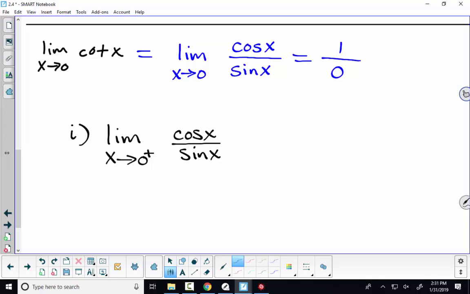So as we approach 0, cosine approaches 1. As we approach 0 from the right, sine approaches 0, but through what values? Positive values? Do y'all agree? Positive values as we approach 0 from the right on the sine function? Yeah. You might try to recollect the sine function.